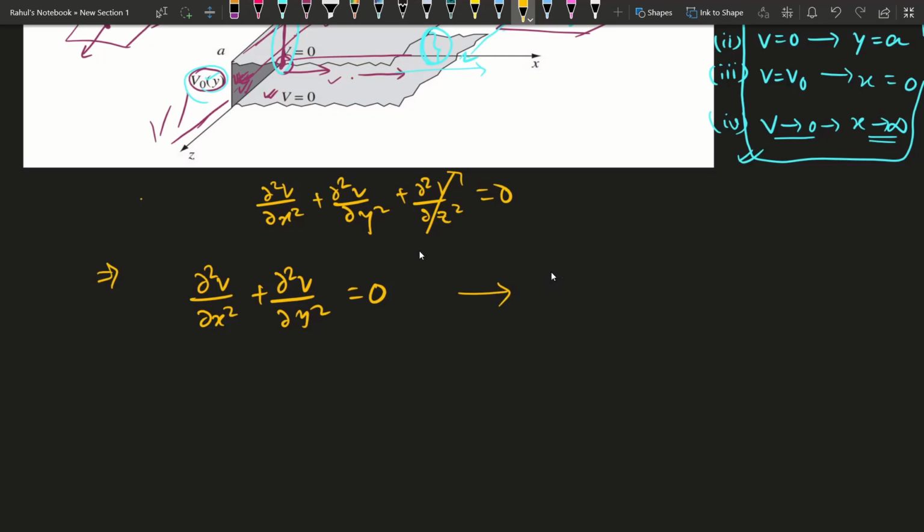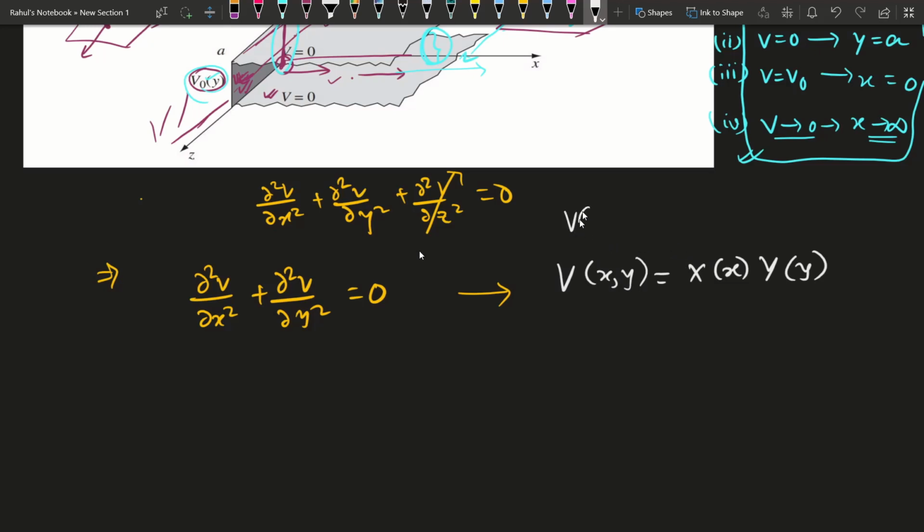Using the separation of variable method, we assume the solution in this kind of electrostatic problem to be in a product form. That means V of x, y, the potential in between the region, will be equal to X into Y. Why product form?